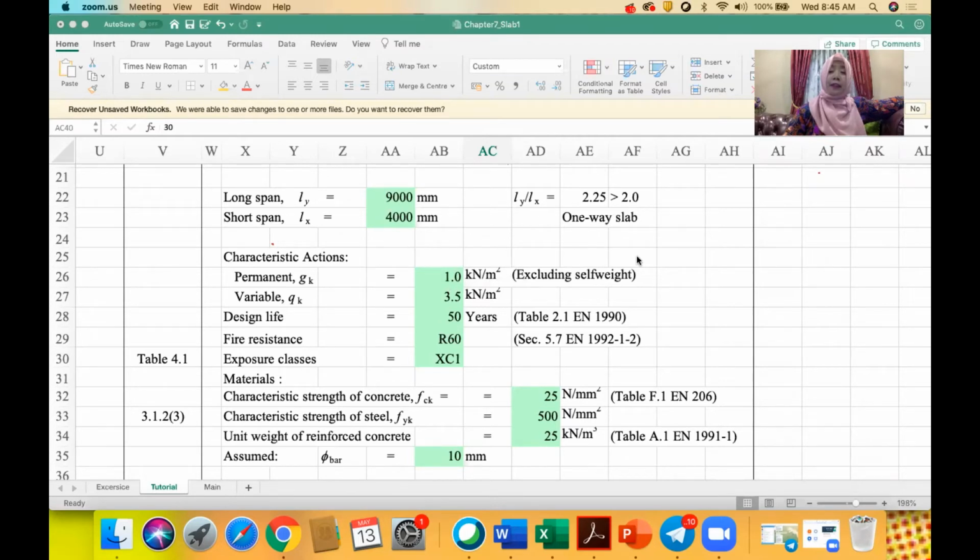This excludes the self weight of the slab. In the project also, the permanent Gk that I gave to you is the permanent Gk from the finishes. It does not include the self weight. For the self weight, you need to calculate the thickness times the density of concrete.